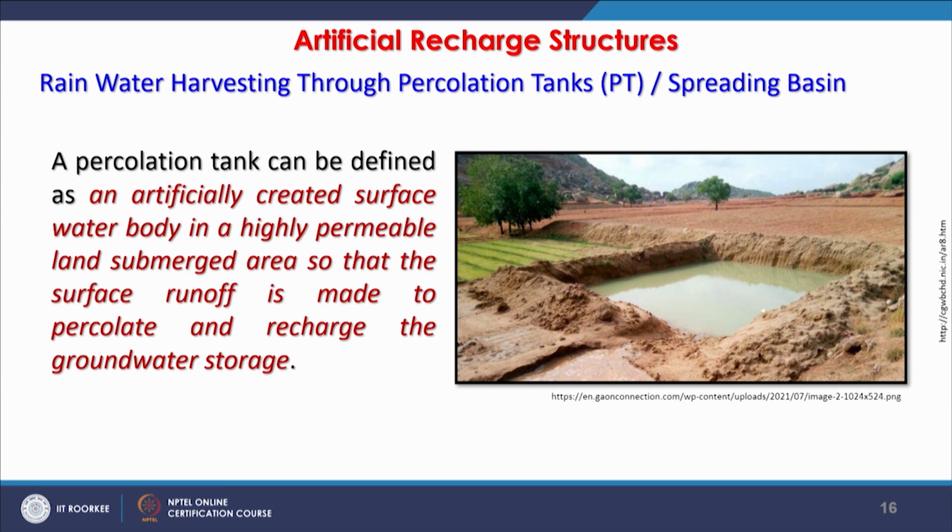There will be some losses in the form of transpiration and evaporation, which does not matter, but a large volume of water will infiltrate, finally percolate and may join the groundwater table. So, the percolation tank can be defined as an artificially created surface water body.